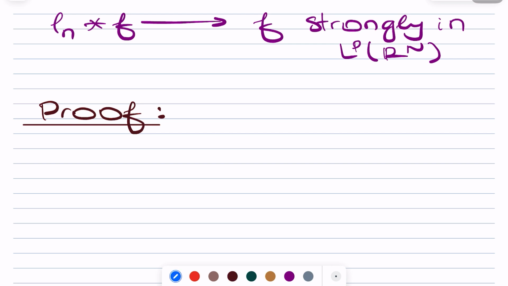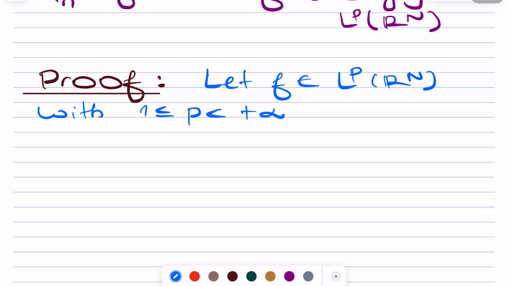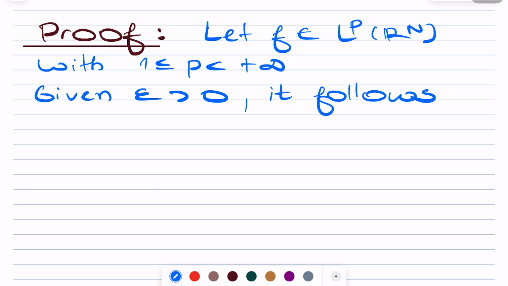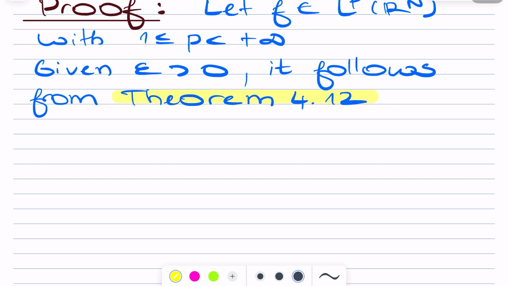So of course let f be in Lp of Rn, with p between 1 and plus infinity. So given epsilon positive, it follows from, I think it was theorem 4.12. Let me just highlight that. I strongly invite you once again to watch the video on convolution and regularization.